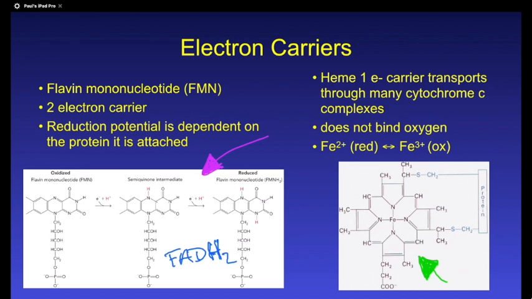The iron will change from a +2 state to a +3 state, and it's a 1 electron carrier. Sometimes we have 2 electron carriers, sometimes 1 electron carrier. That's going to create some situations that get a little complex, but we'll follow that through when we get there. But we have both 1 and 2 electron carriers.